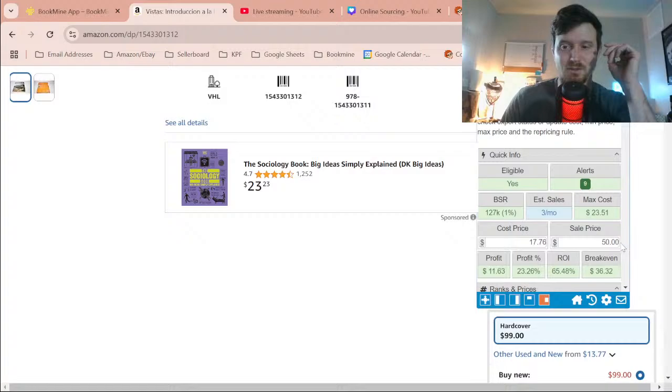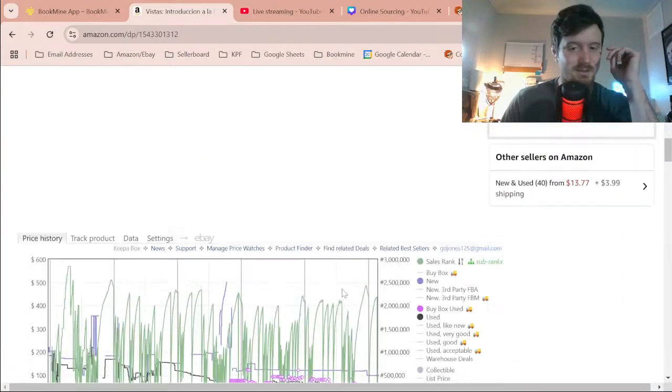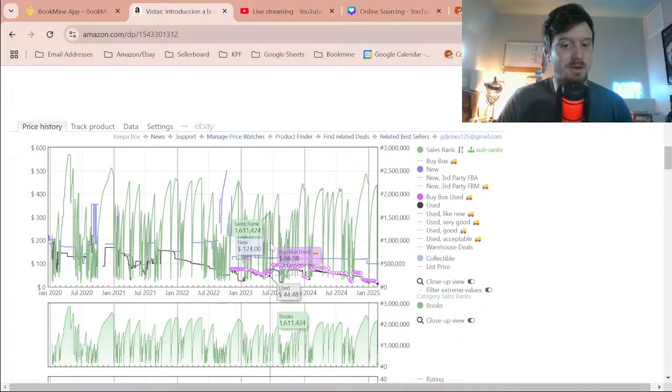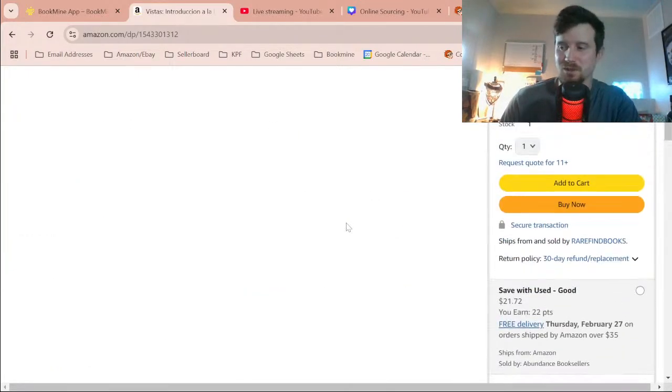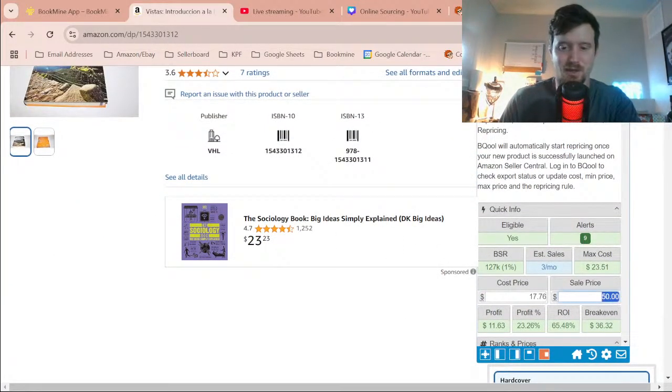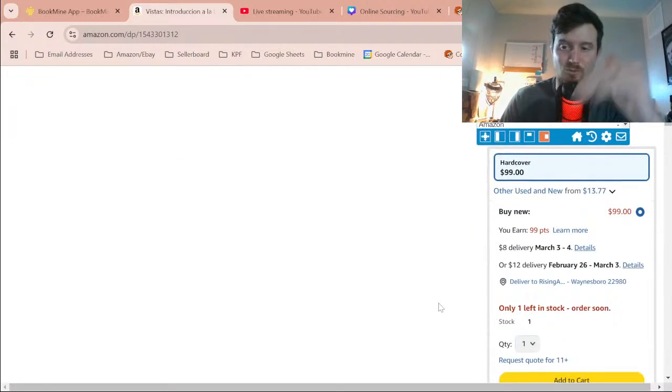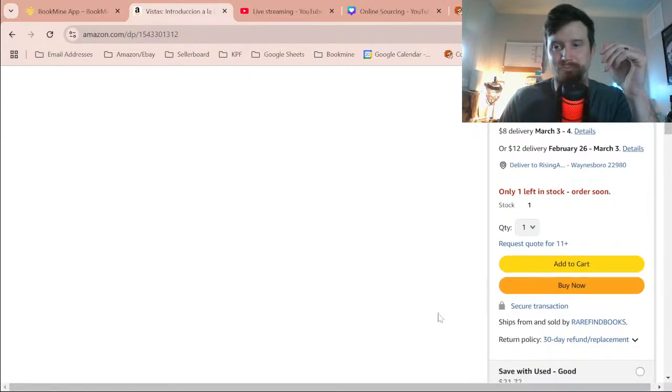I probably put this at my low, because I don't like to think about my inventory. I want to set it and forget it. I probably put the low at 50 and then put the high at like 90, just to give my repricer room to work. But yeah, that's about it.